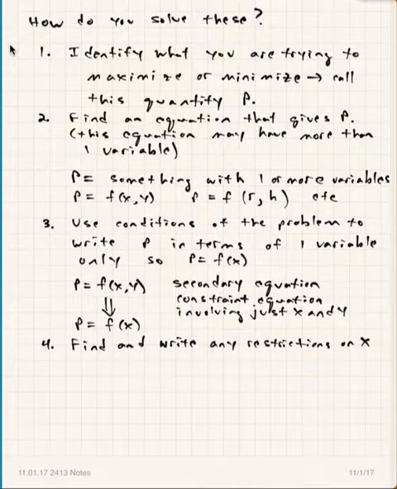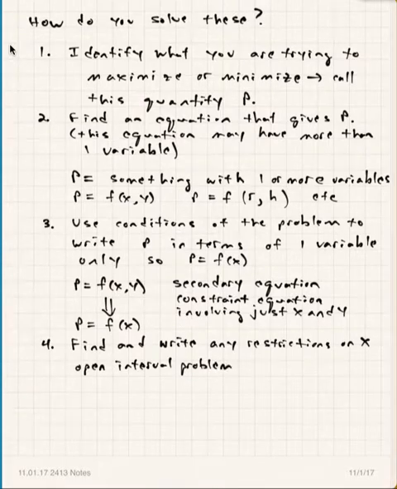Now, if the problem is an open interval problem, in other words, the restrictions on X give you an open interval, say A to B, then this is going to be a relative max-min problem.